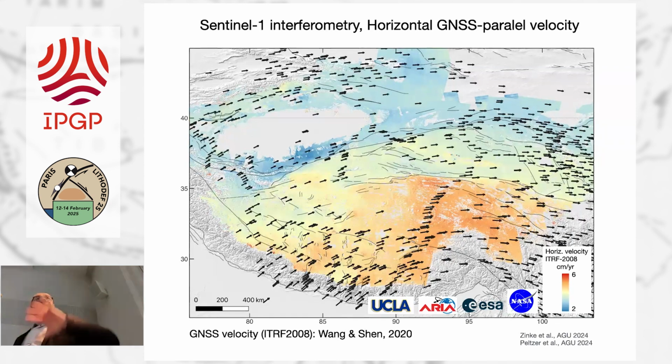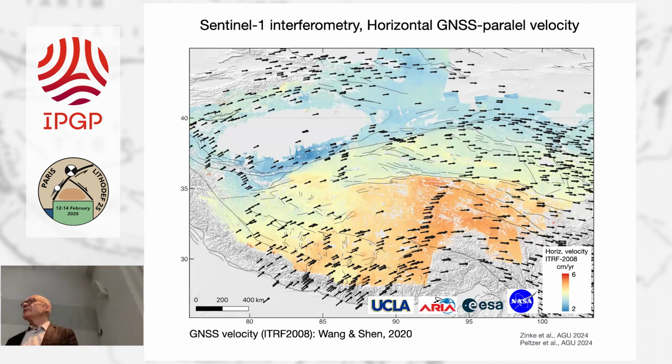The slide just before was the east component, but there is a component which is interesting for this case, the GNSS-parallel component, or the magnitude of the horizontal vector. It's interesting to notice that in the ITRF 2008 reference frame, the GNSS vector nicely aligns parallel to the direction of the main fault.